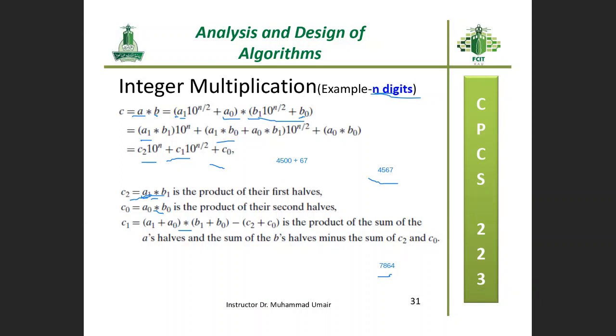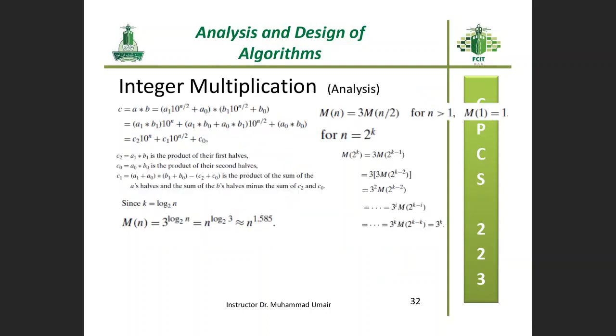So if you write a recurrence for this function to calculate the number of multiplications, you can see that for every iteration we are reducing the problem to half of the portion, and in every recursive call you have to make 3 multiplications.